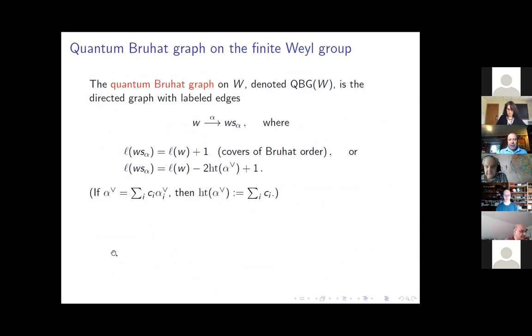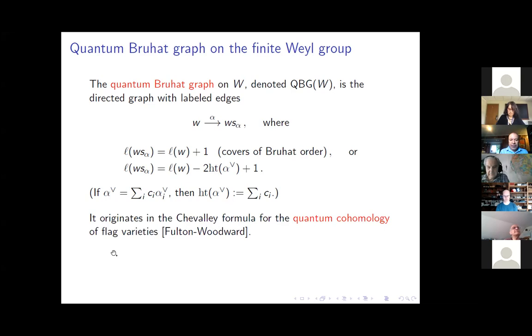And the condition to have such an edge is we either have a cover of the Bruhat order, so the length increases by 1, or we have a large decrease in length, and the decrease is specified there by twice the height of the coroot minus 1. And the height of the coroot, you just expand in terms of the simple coroots and sum the coefficients.